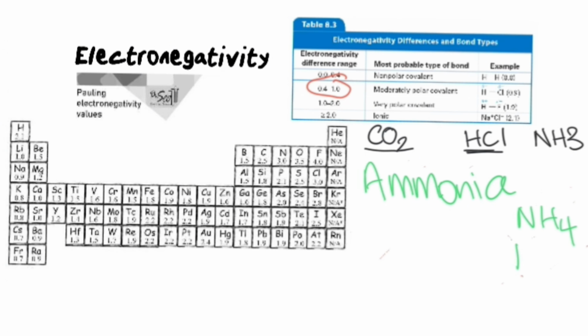NH4 is an ion, and it's an ammonium ion. So we have ammonia and ammonium. All right, so let's get into calculating the electronegativity difference for ammonia.